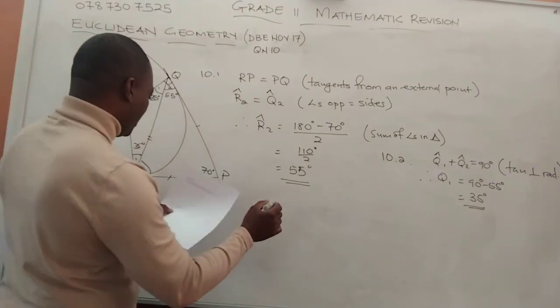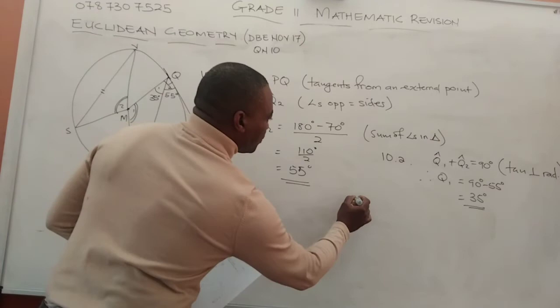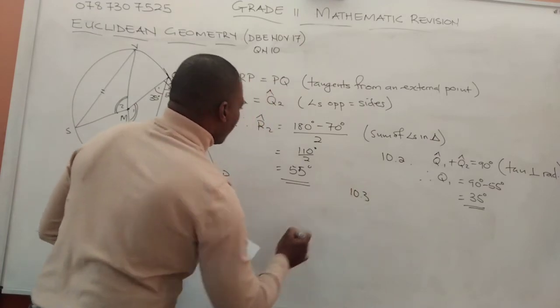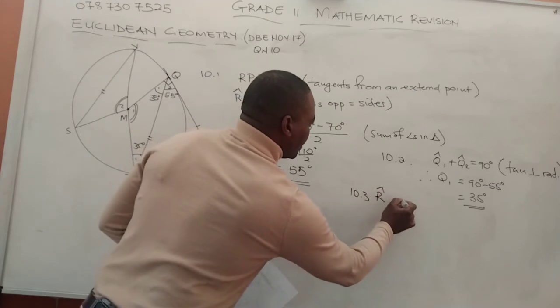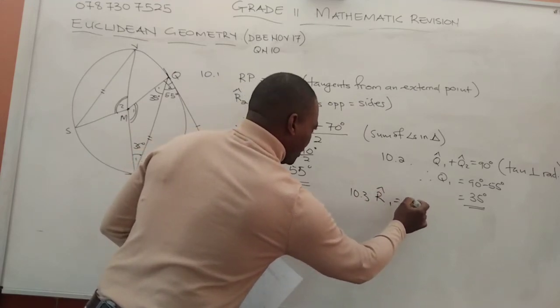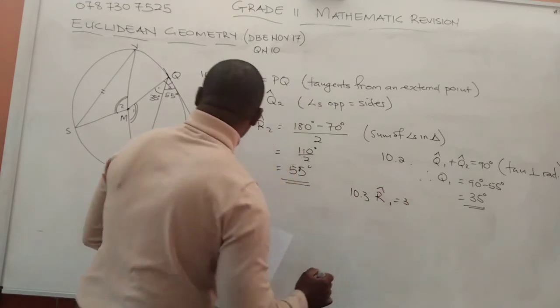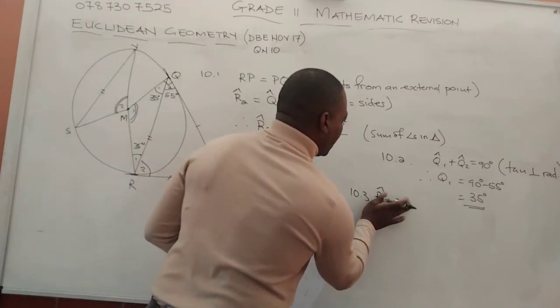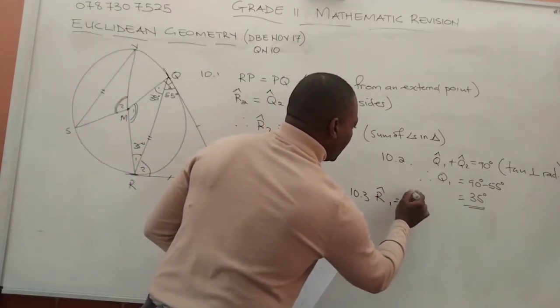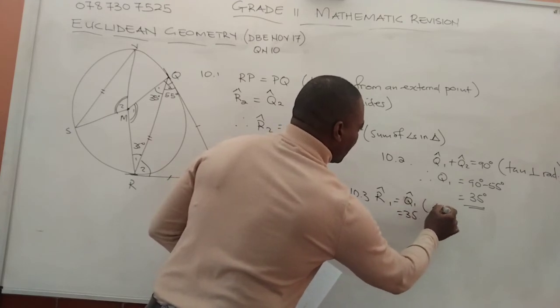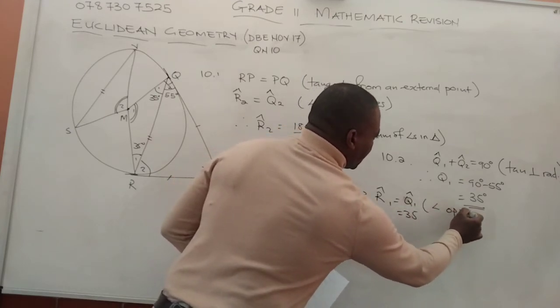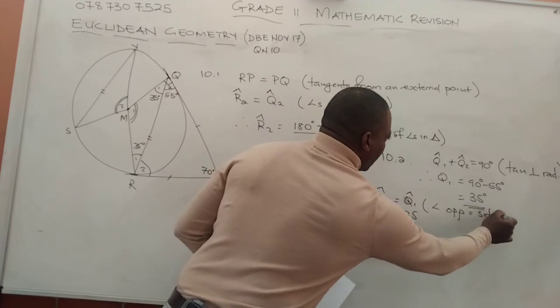So we are saying on 10.3, angle R1 is equal to angle Q1, which is 35 degrees, angles opposite equal sides.